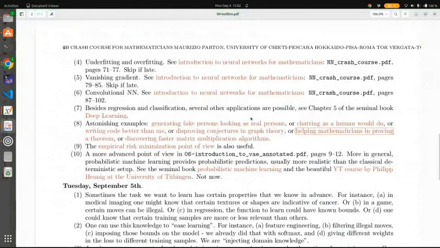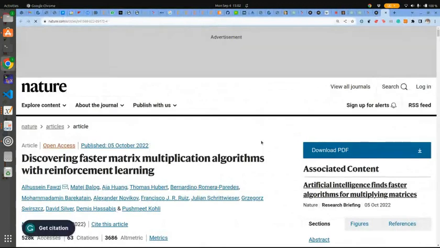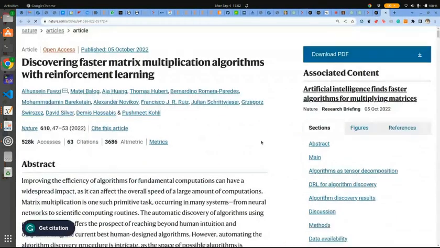And finally, another kind of application for theoretical mathematics. Here, there is a paper where neural networks, reinforcement learning actually, has been used to find a new, faster way to multiply matrices. We all multiply matrices by the row by columns method, okay?